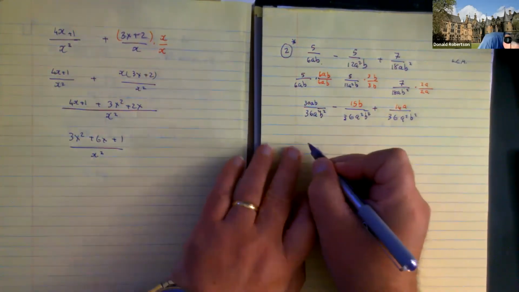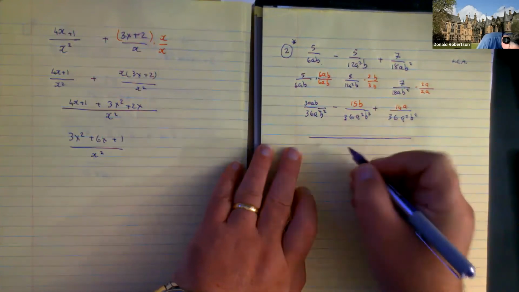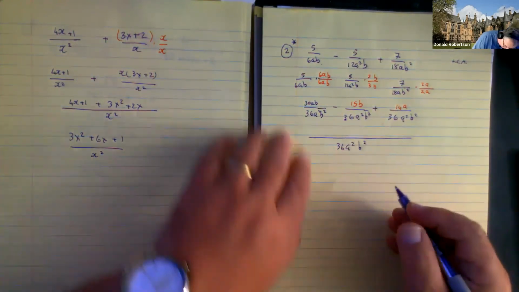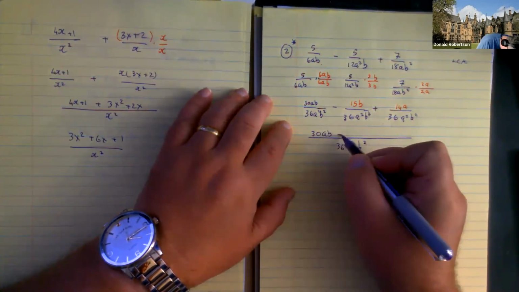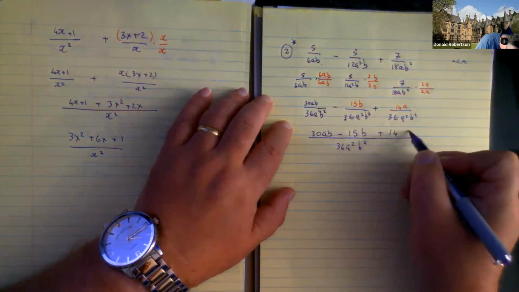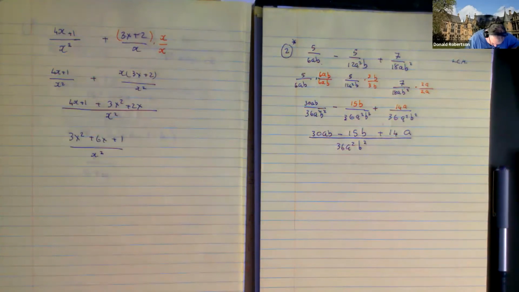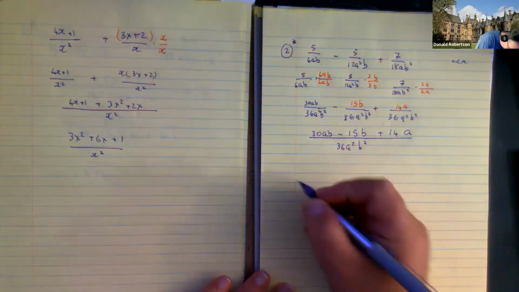Now we have combined all of them into a single fraction because they share a common denominator, and it's going to be 30ab take away 15b plus 14a. And that is it. I can't see anything very helpful that we could do to make this one a little bit neater, so we'll call that one done.